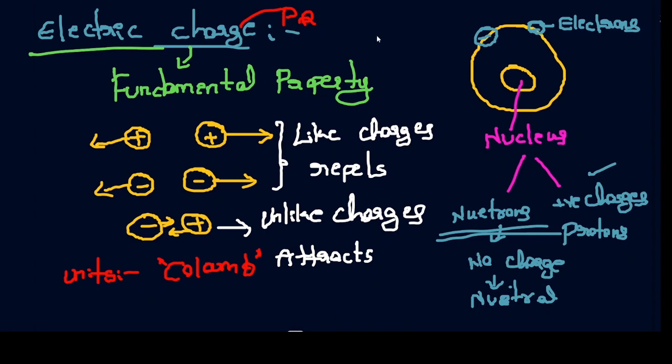Here you can simply say one electron is equal to 1.6 × 10^-19 coulombs. In 1 coulomb, we can see so many electric charges, but one particle's charge, positive or negative, is 1.6 × 10^-19 coulombs. Got it? This is about electric charge.